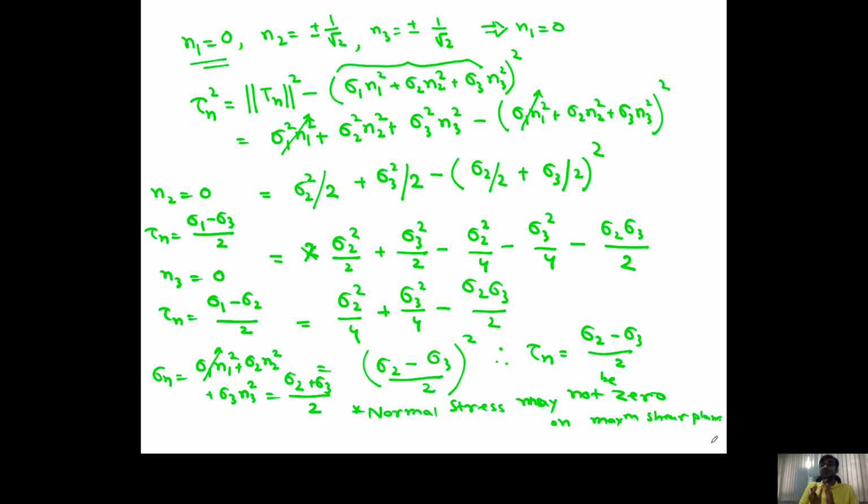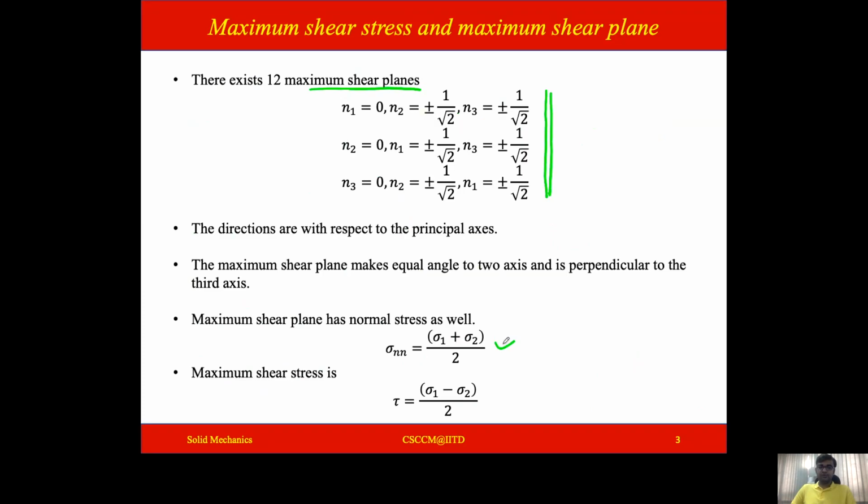The plane on which the shear components are maximized, the normal components exist. The normal component is generally not equal to 0. It will become equal to 0 if and only if sigma 2 is equal to minus sigma 3 or sigma 1 is equal to minus sigma 2. So this is what we discussed just now.